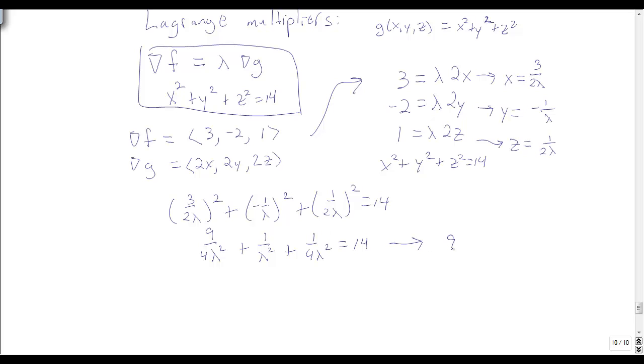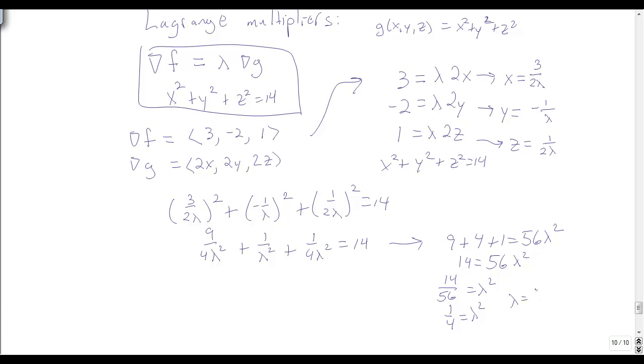That will give us 9 plus 4 plus 1 equals 14 times 4, which is 56 lambda squared. So 14 equals 56 lambda squared. 14 over 56 equals lambda squared. I end up with 1 over 4 equals lambda squared.